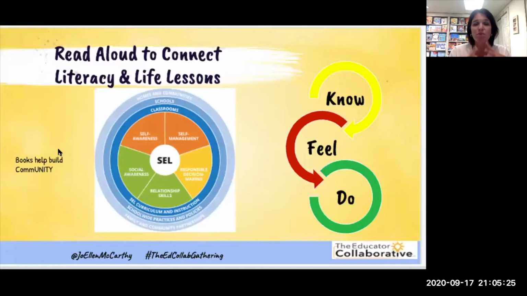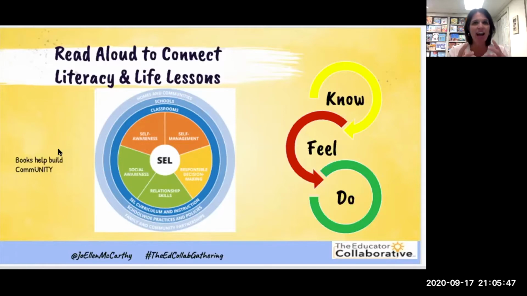So if we go back to that screen for a moment, and we look at some of the expectations with books in connecting this idea to SEL, a really simple way, I think, is to talk about how when we read something, we gain new information, or we validate something, or we question our beliefs, and we have this knowledge that's in our head because of a story, because of a book, because of an experience with text.